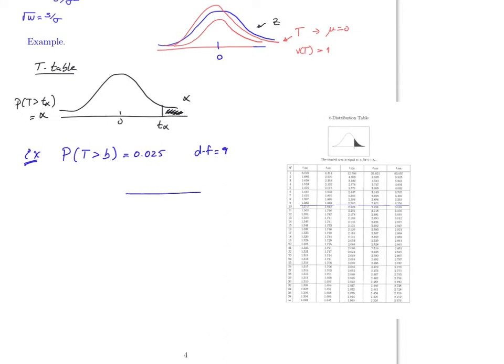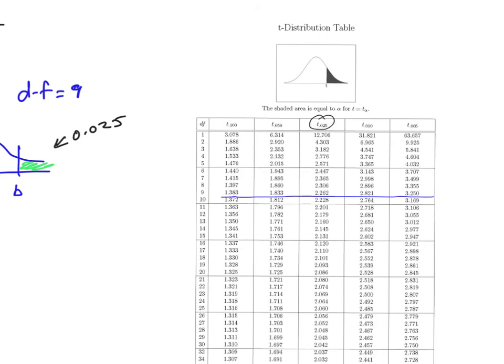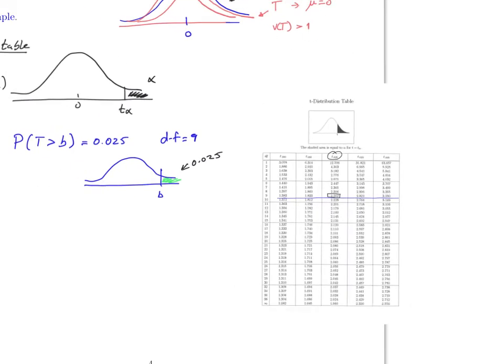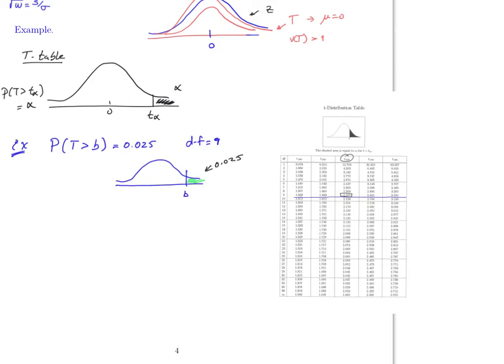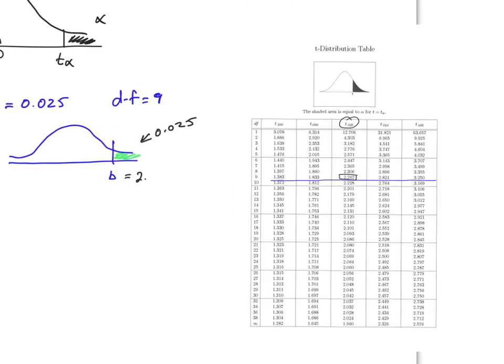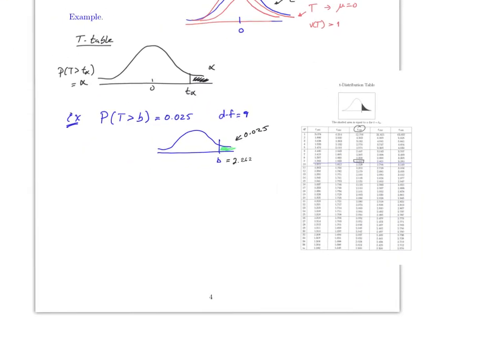So this is what you have: you're trying to find the value for B so that this area is 0.025, and 0.025 is here. For 9 degrees of freedom, that will be the value 2.262. So therefore, B is 2.262.